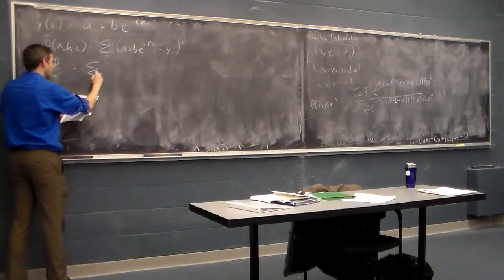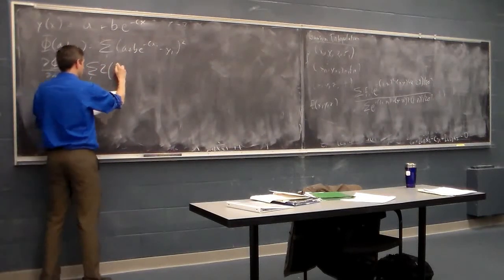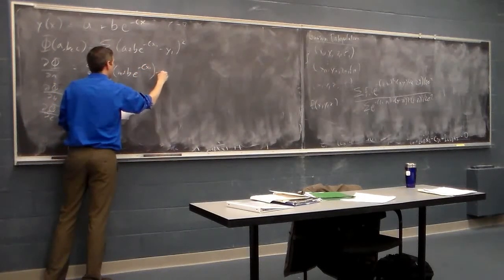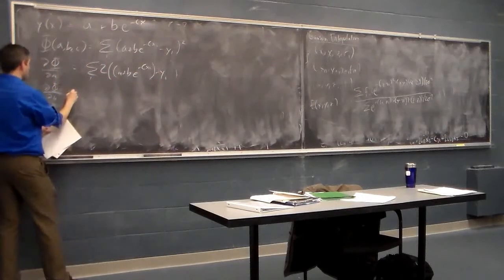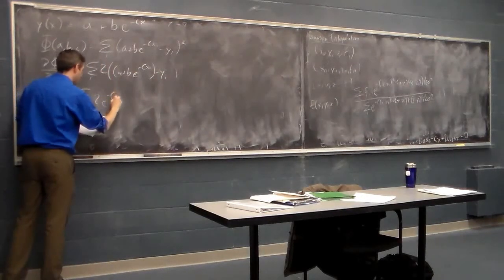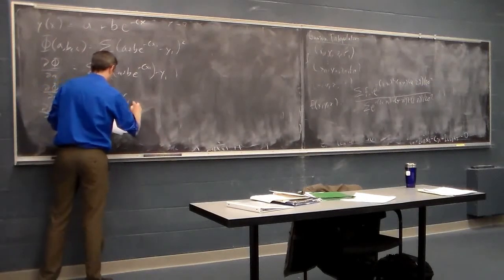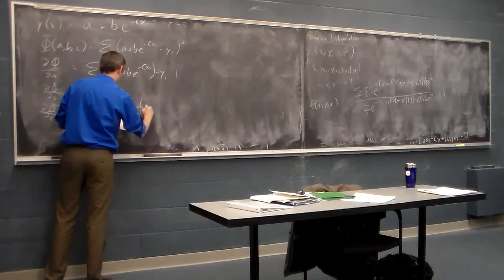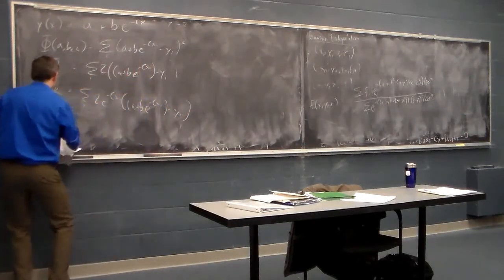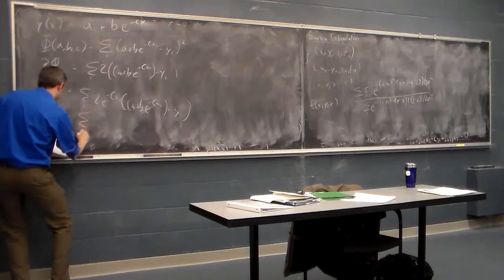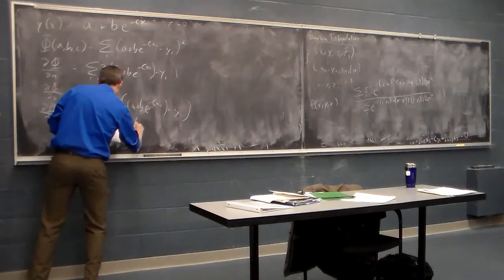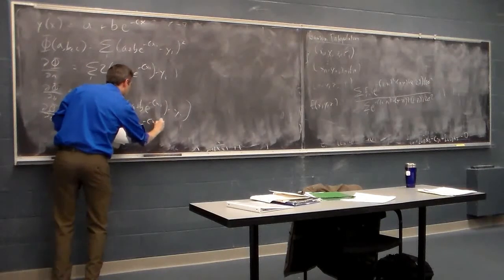So d phi dA is the sum of 2 times a plus b e to the minus c xi minus yi. d phi dB is the sum over i of 2 e to the minus c xi times a plus b e to the minus c xi minus yi. And d phi dC is the sum over i of negative 2 xi times a plus b e to the minus c xi minus yi.